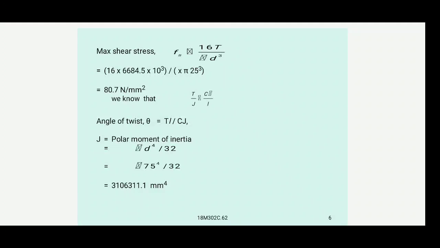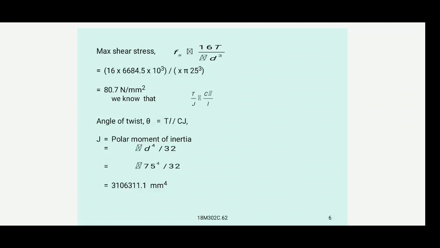We know that T by J is equal to C theta by L. Angle of twist theta is equal to T L by C J. J is equal to polar moment of inertia, that is equal to pi D to the power of 4 by 32, that is pi into 25 to the power of 4 by 32.